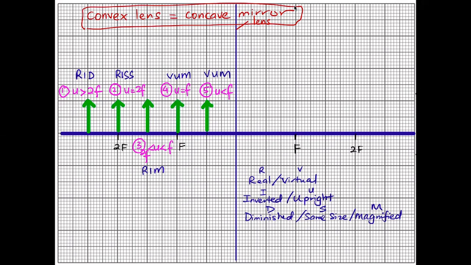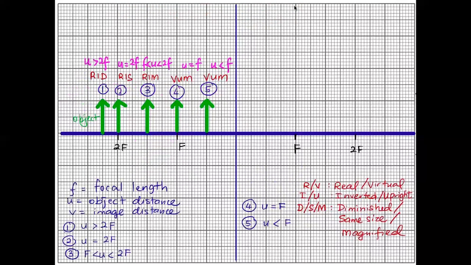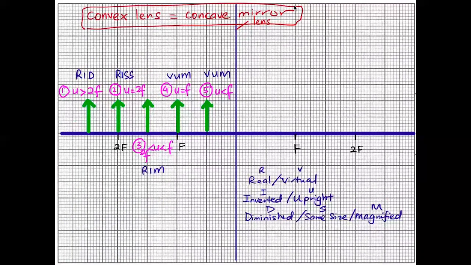So that is how you can memorize. And the characteristics of the concave lens are actually the same as the characteristics of convex mirror, and that is virtual, upright, and diminished.